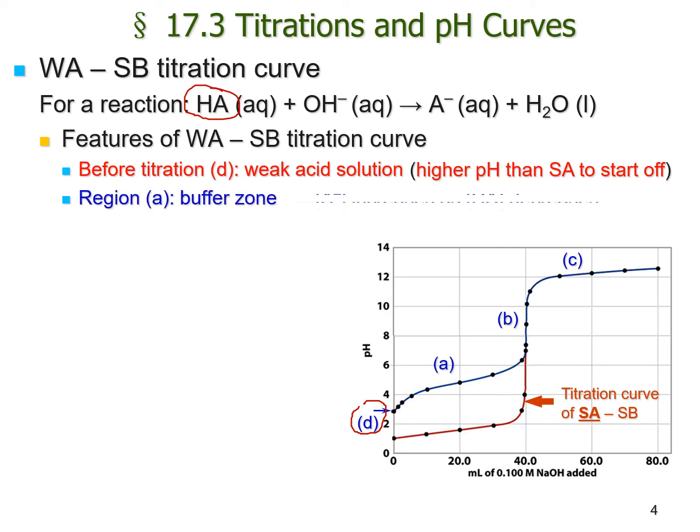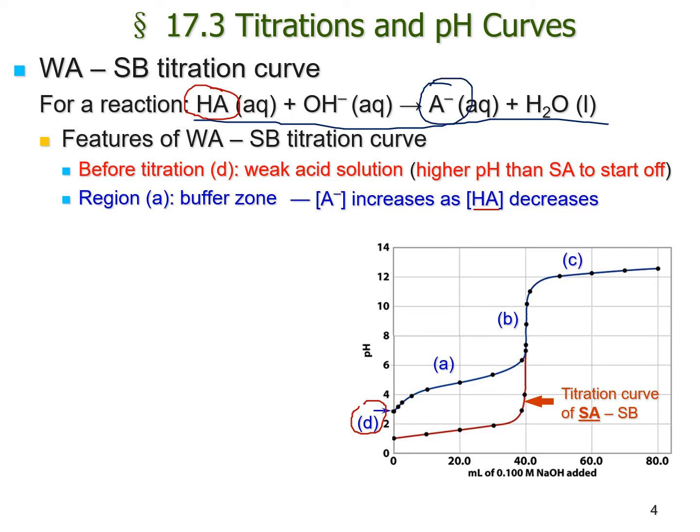However, it is the region of A that is interesting. Remember, we got a weak acid, HA. If we have a weak acid that has been reacted by the strong base, according to the reaction right here, as HA disappears, we have more of A minus. HA and A minus are what we call conjugates.